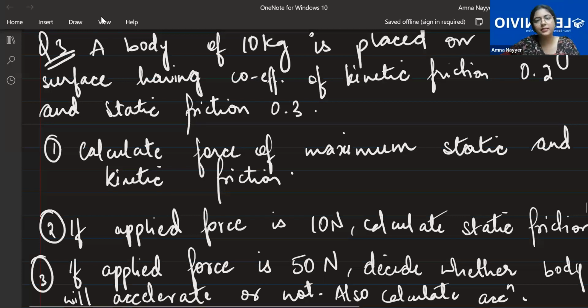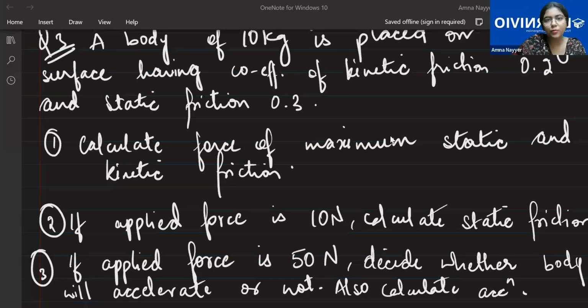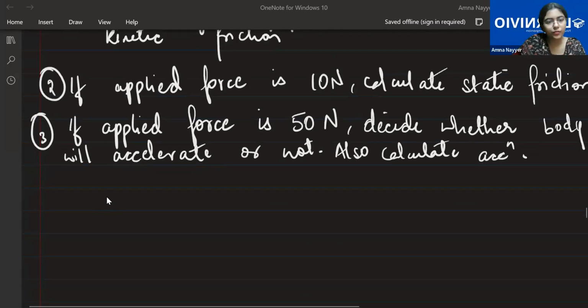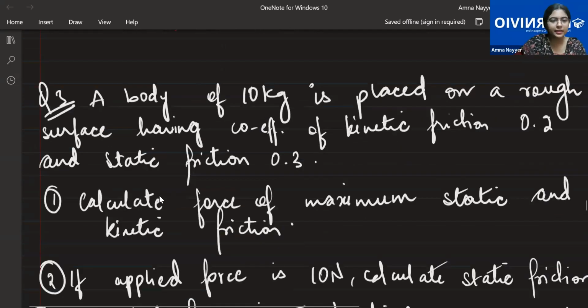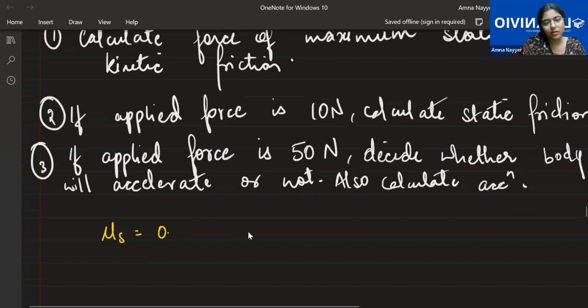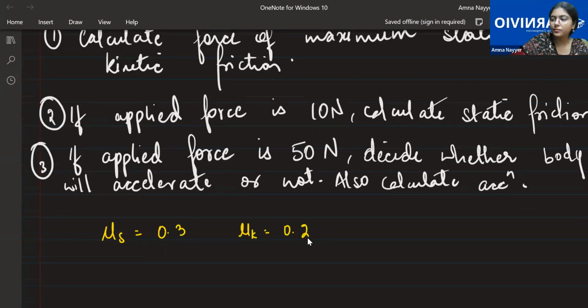Okay, Neha, let's discuss. It says a body of 10 kg is placed on a rough surface having coefficient of kinetic friction as 0.2 and static friction as 0.3. Kinetic is 0.2, static is 0.3.